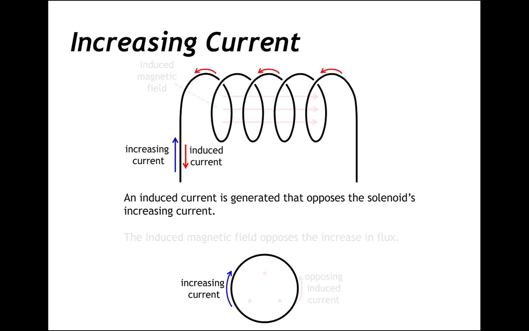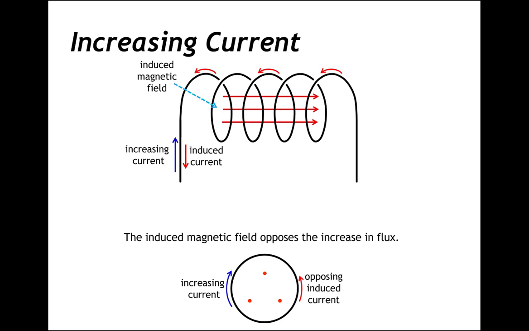And that induced current then will be going from right to left. And that induced current generates its own magnetic field. And notice how this magnetic field goes from left to right. This magnetic field opposes the original increasing magnetic field. Because remember, according to Lenz's law, an induced current will be created that generates a magnetic field to oppose the change of magnetic flux.